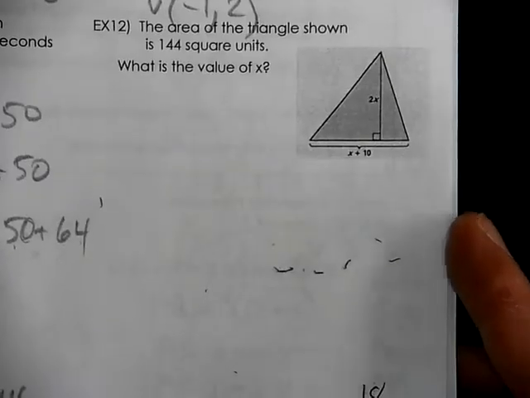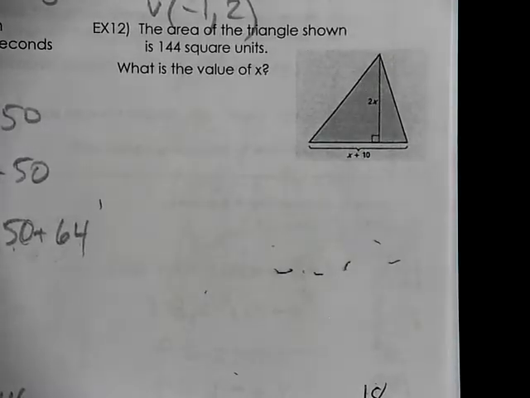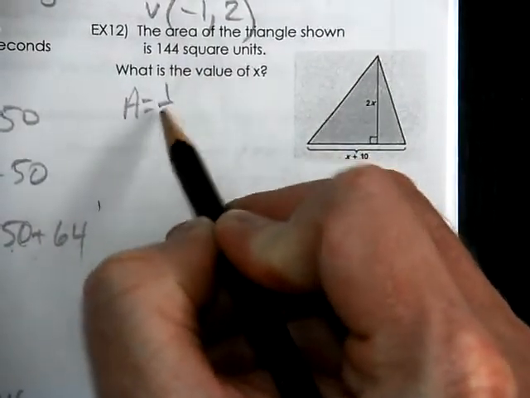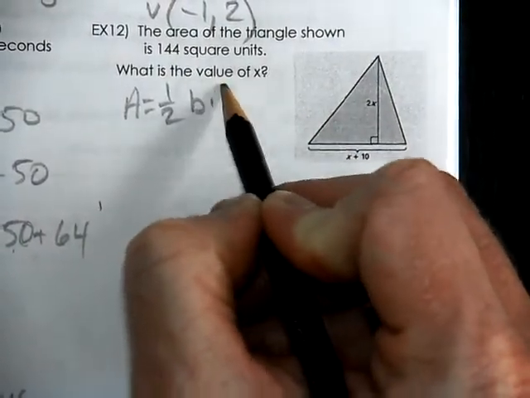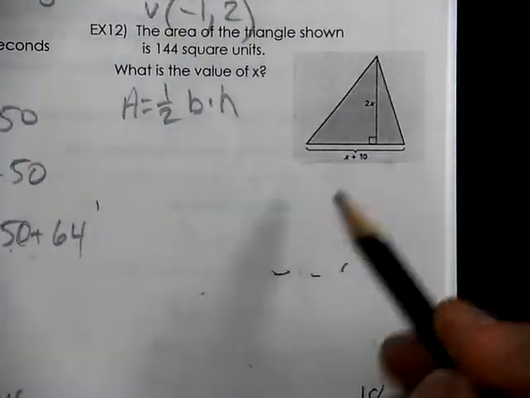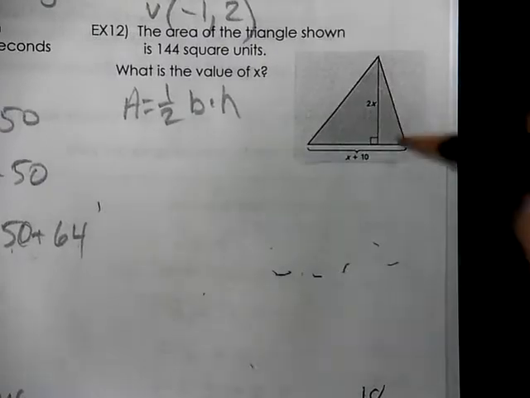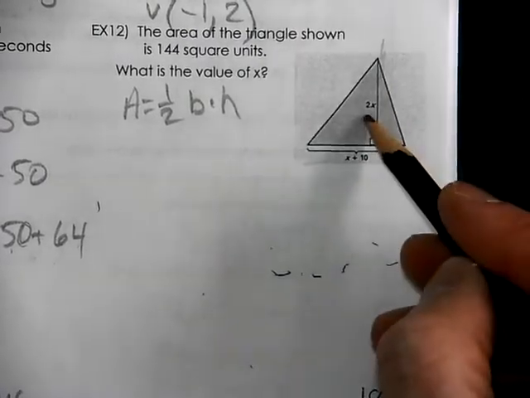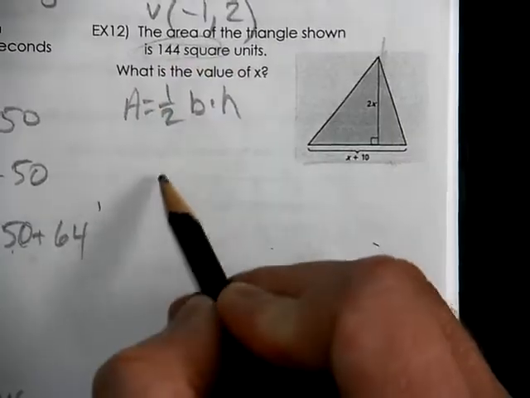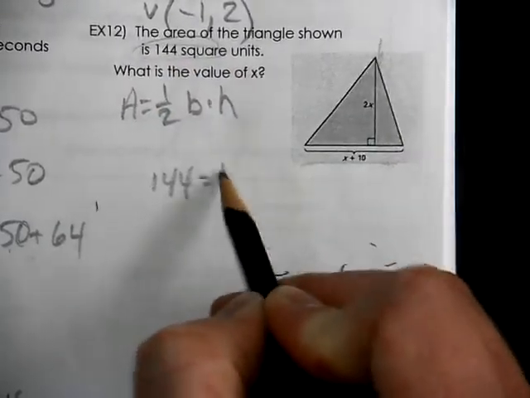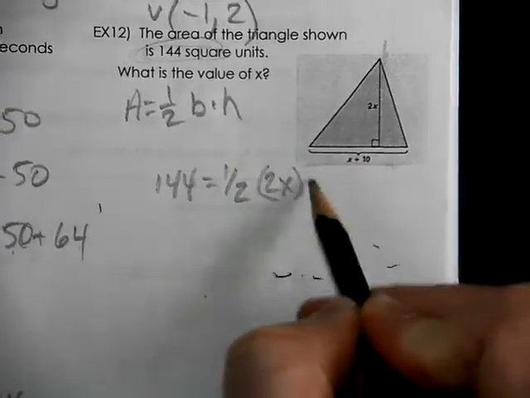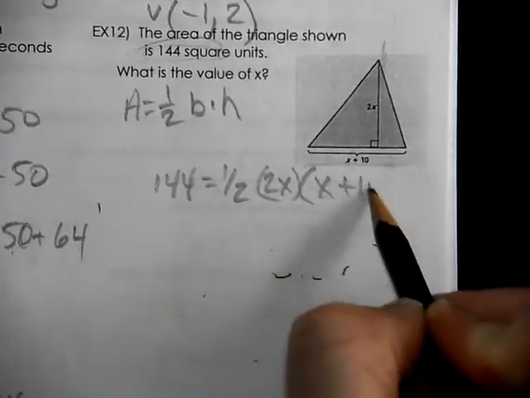Okay, last question. See if we can make this one work out. Here we're talking about the area of a triangle. We know the area of a triangle is half of base times height. Our base is x plus 10, and our height is 2x. So our area is 144 equals half of 2x times x plus 10.